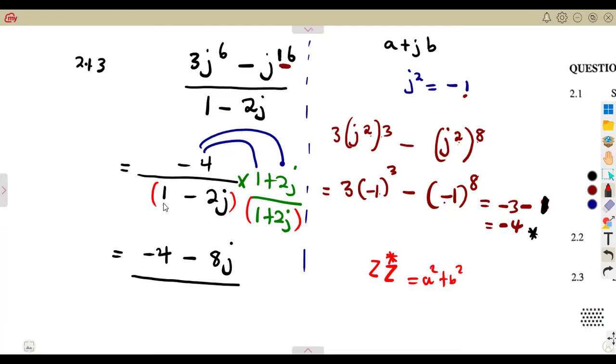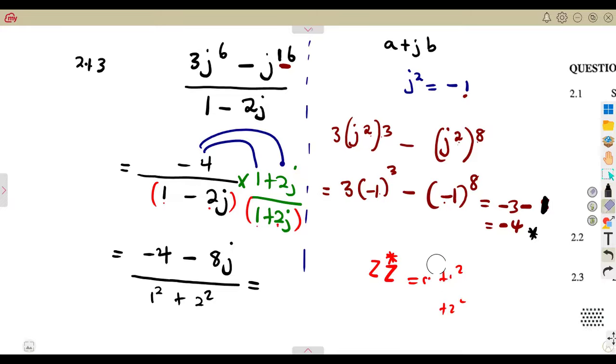So you simply take, what is your a? That is 1. What is your b? That is 2. So you've got 1 representing a, then b represented by 2. So with this, it's going to be 1 squared plus 2 squared. Just like that. So you can leave it straightforward.